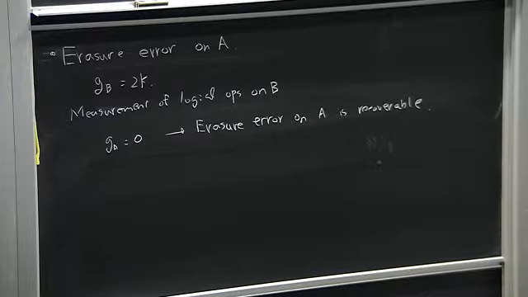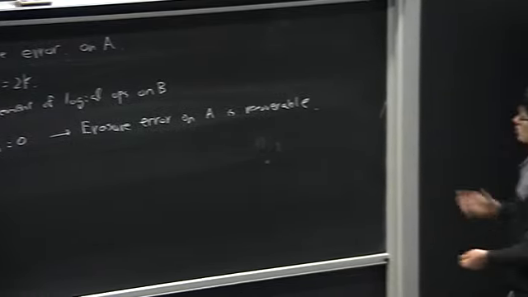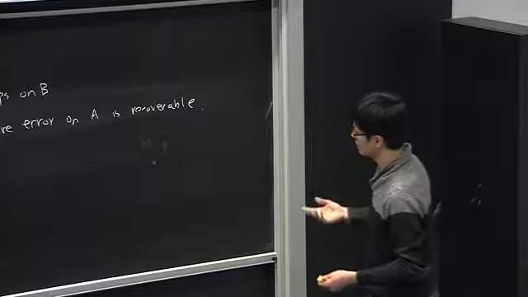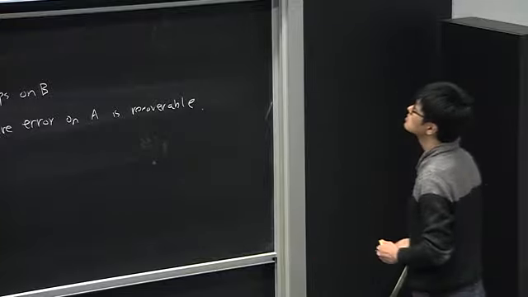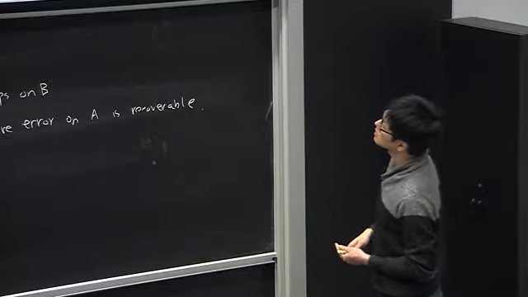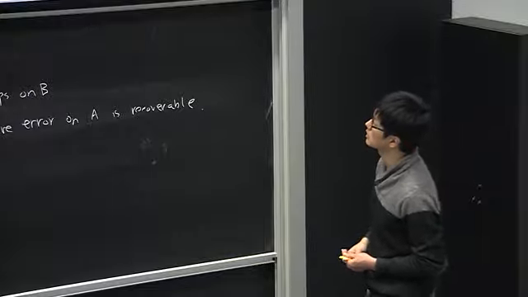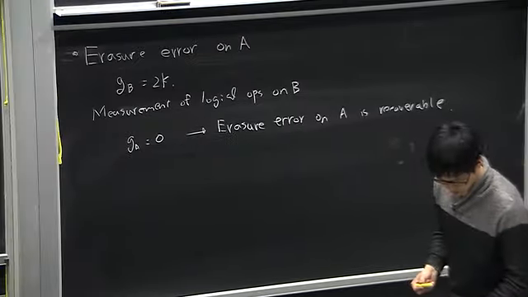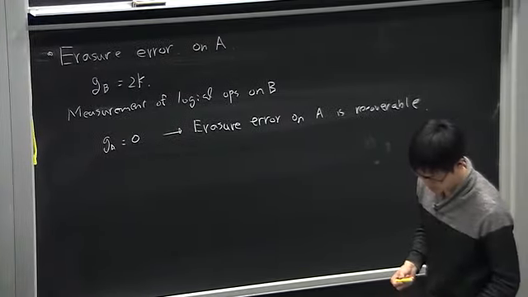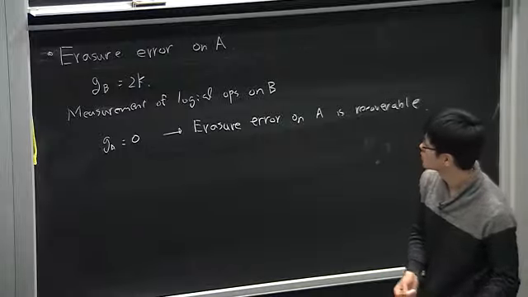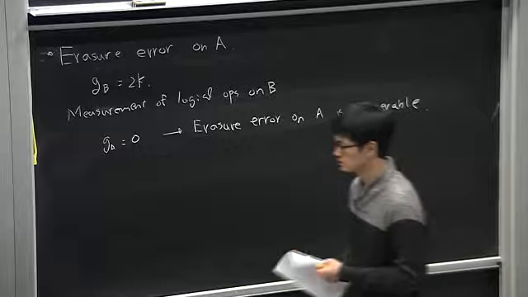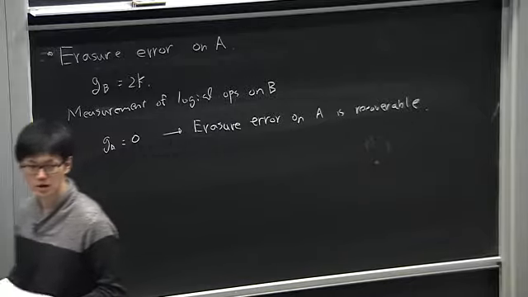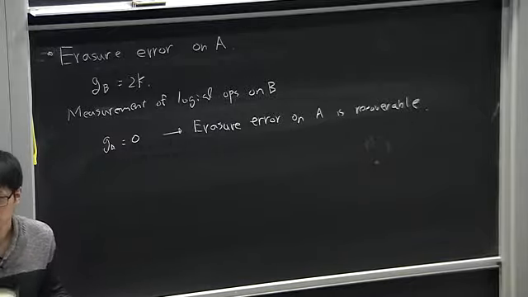So by measuring this logical operator, you can get the encoded states. This is the implication of the cleaning lemma. Okay, so that's the cleaning lemma, and it will be very important. Are there any questions so far? Okay.